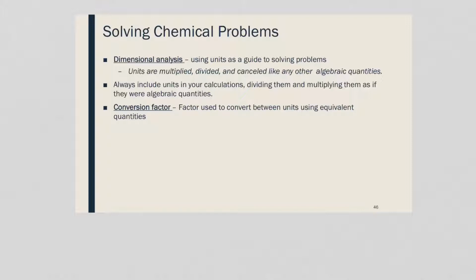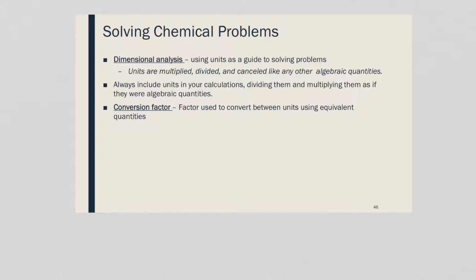And this is why it's so important to always include the units as we're going through our problem solving, because then we can easily see whether the units cancel or whether they don't, and then we can see, does it give us the units that we're expecting in our final answer. So this can make it a little bit easier sometimes to spot errors when we multiply instead of divide, or vice versa.